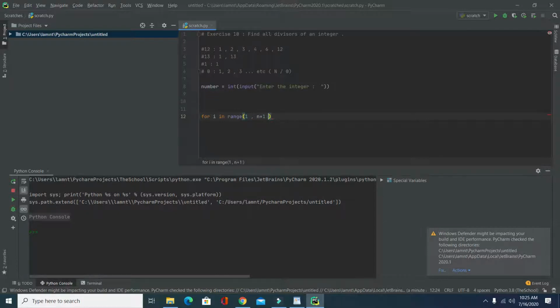Because we want to have n as well, we have to check to n plus 1, because n is obviously a divisor of n by itself, so that's self-evident. So n plus 1, if n divided by i equals 0, then we're going to do something after that.